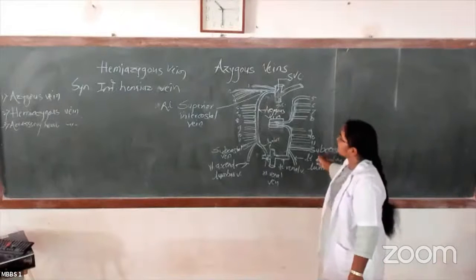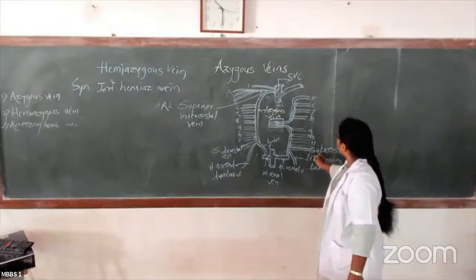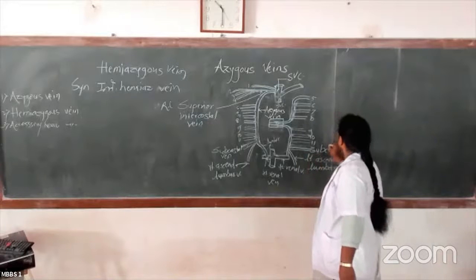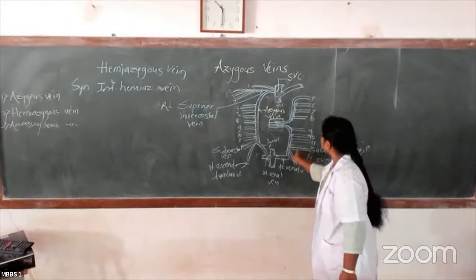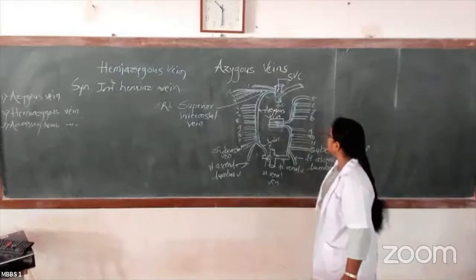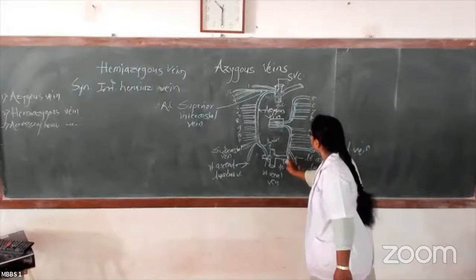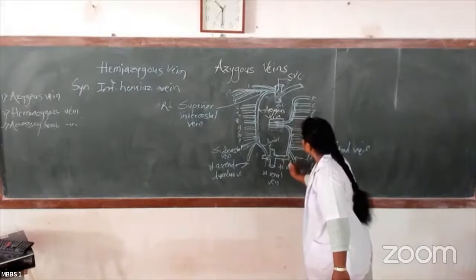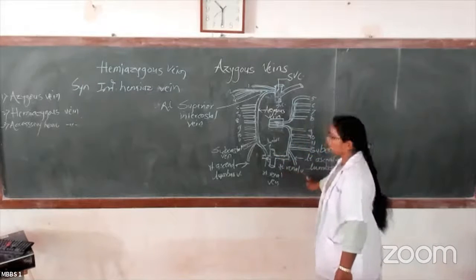Now this hemiazygous vein is formed by the union of left ascending lumbar vein with the left subcostal vein here, and it communicates below with this left renal vein.